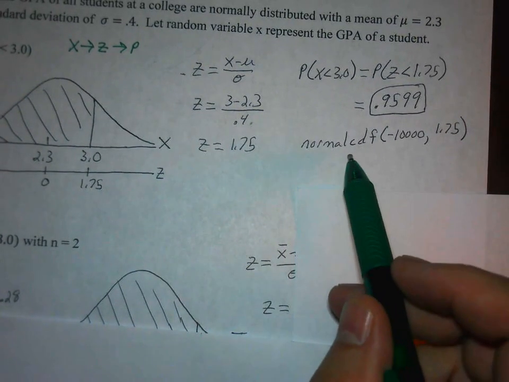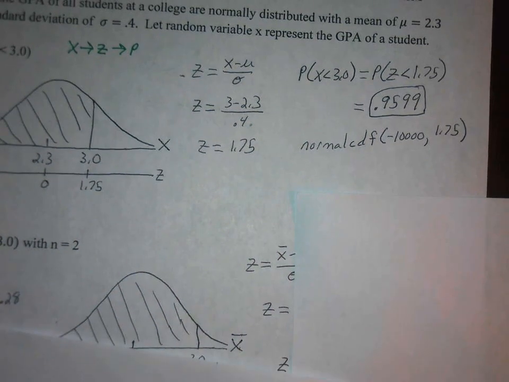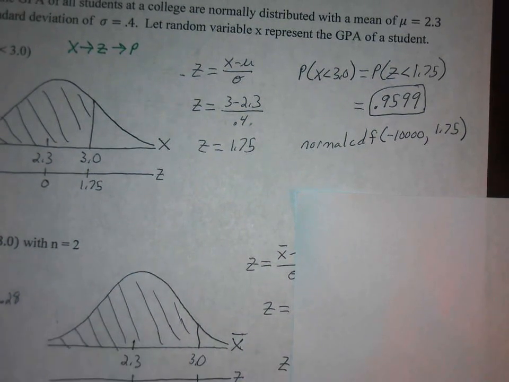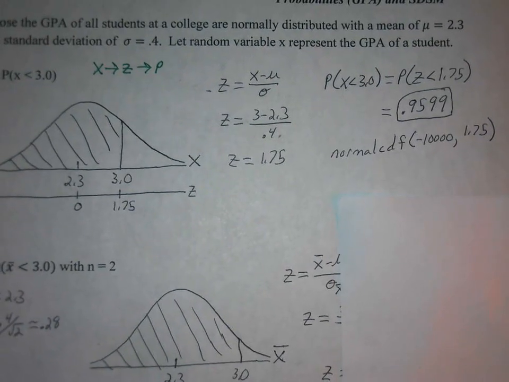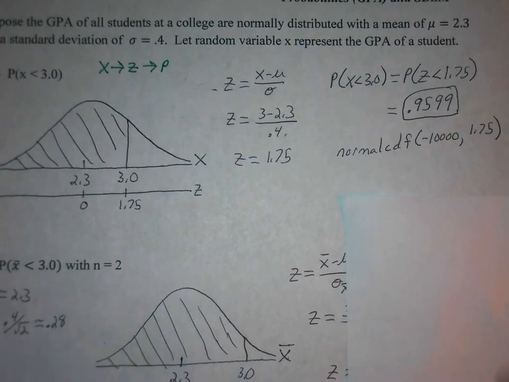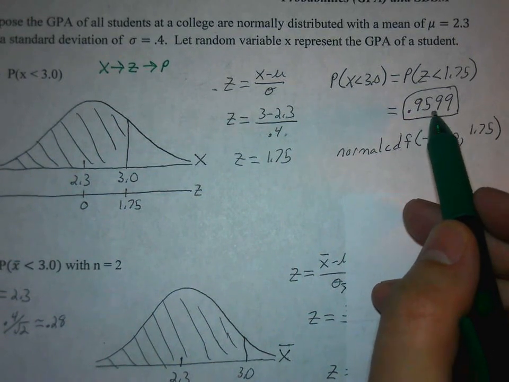If you use your calculator, you can use the normal CDF function, which I showed you in previous videos. So if you randomly choose a student, the probability that their GPA is less than 3.0 is almost 96%, 0.9599.